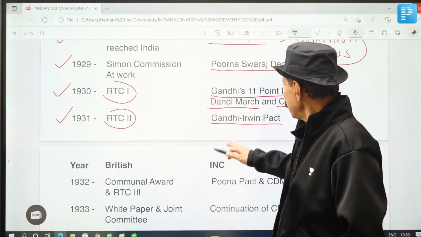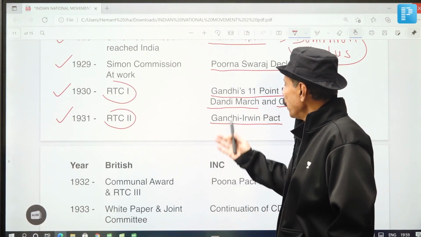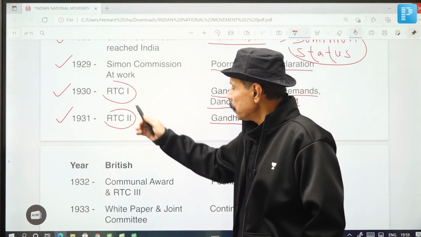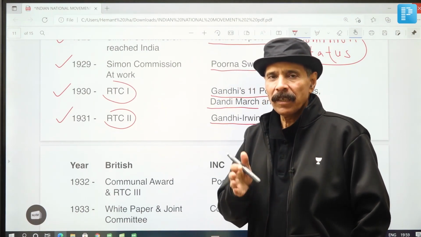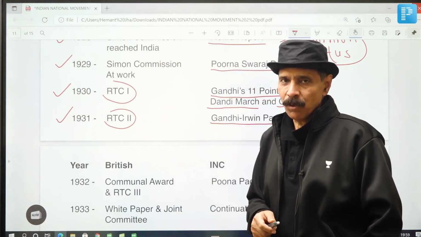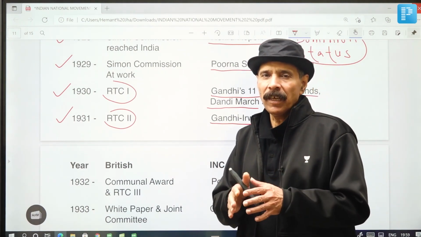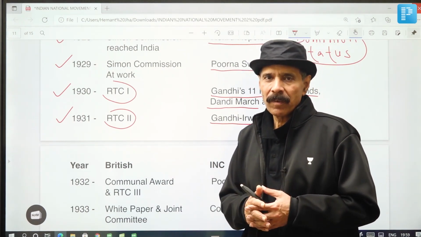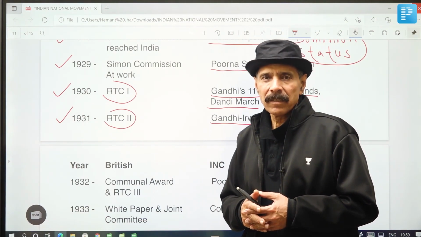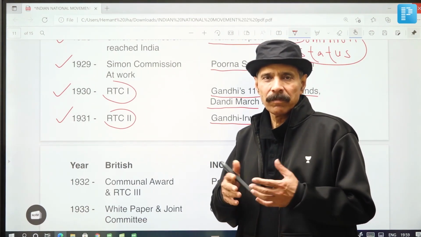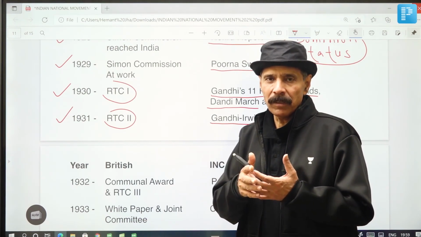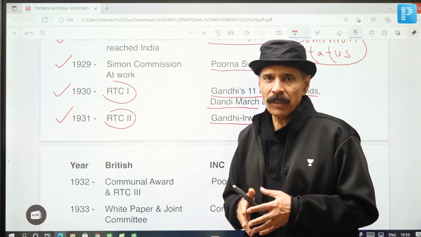So Gandhi suspended CDM and participated in round table conference 2 as a representative of Indian National Congress, but came back frustrated and empty-handed. He realized that this was all unproductive participation in such conferences.